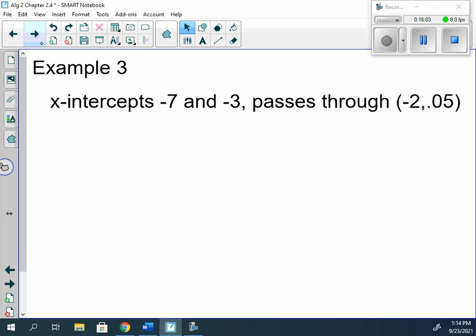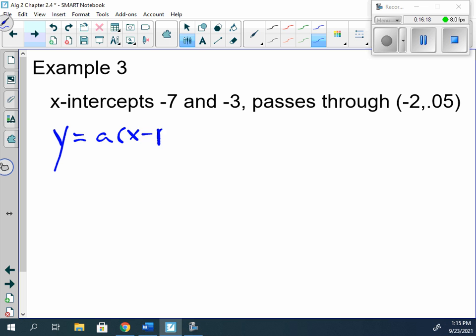Looking at this one here, will we use the exact same equation? Because what are we given? We're given the x-intercepts, and we're still given a point, but we're given the x-intercepts. So our equation is y equals a times x minus p times x minus q.